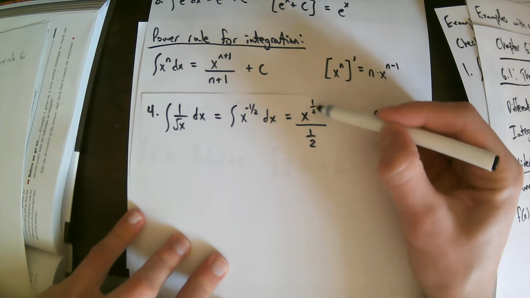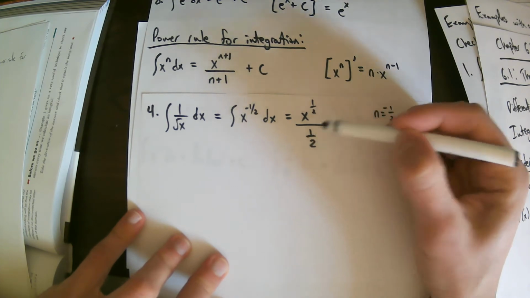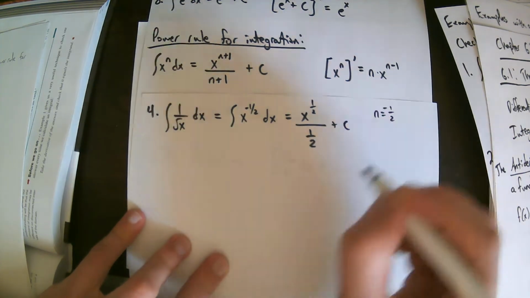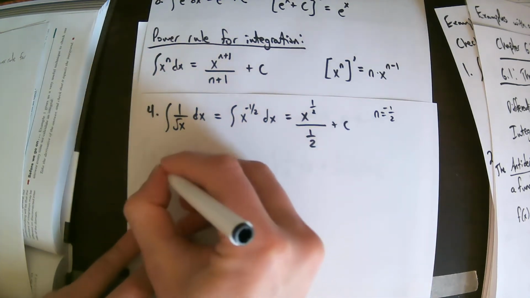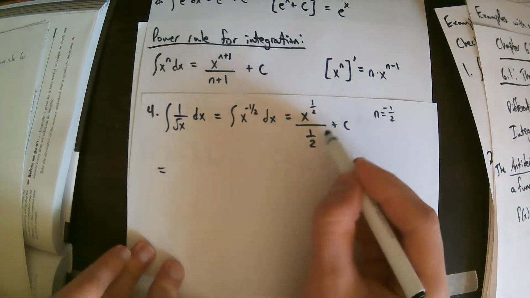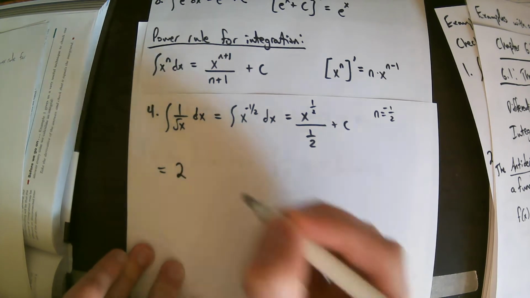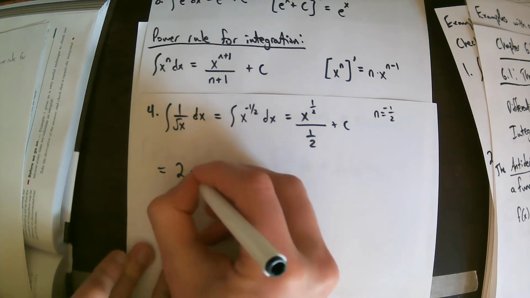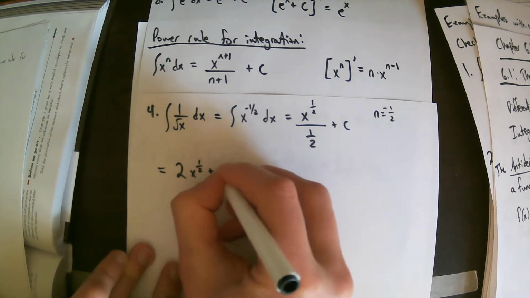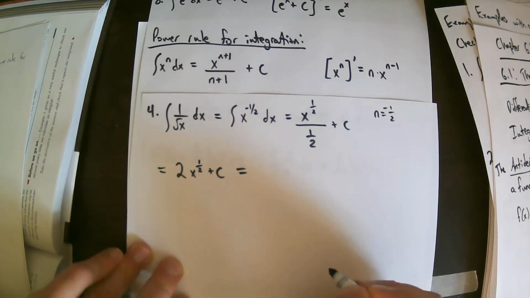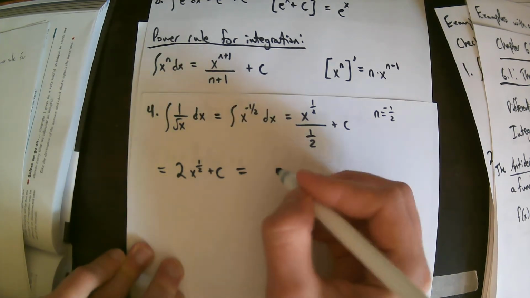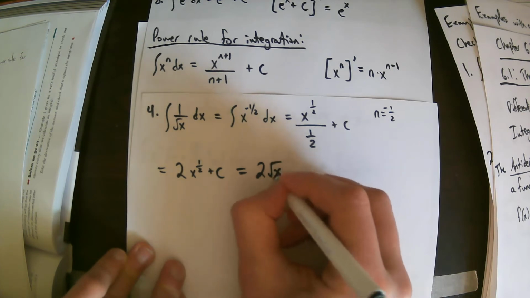The new exponent should match down here. And then plus c, and this can surely be cleaned up. Now, if I've got divided by 1/2, remember that's 2, right? And then x to the 1/2 plus c, and if I really wanted to, I could write this x to the 1/2 as a square root of x.